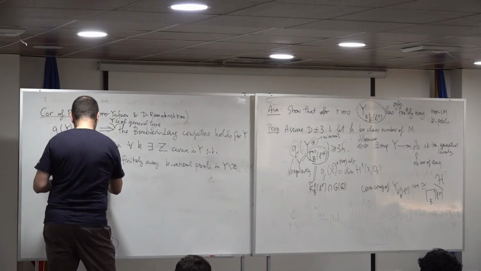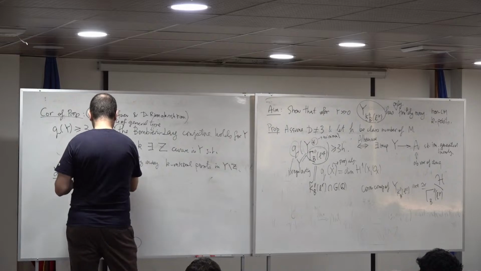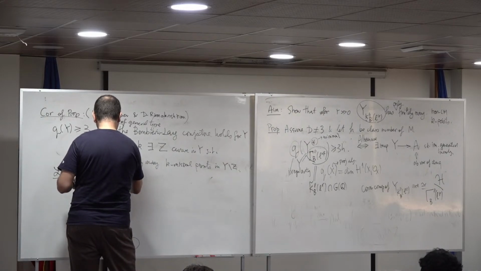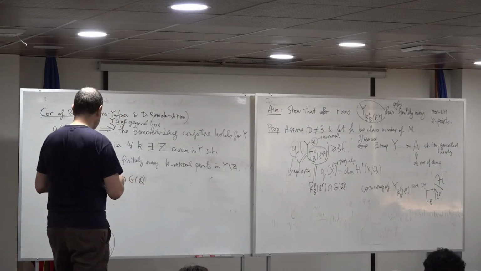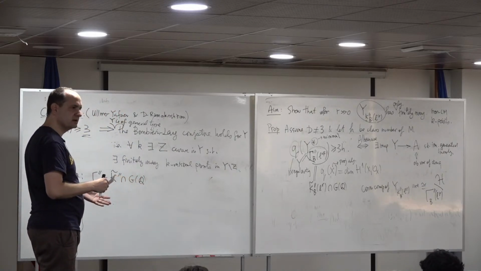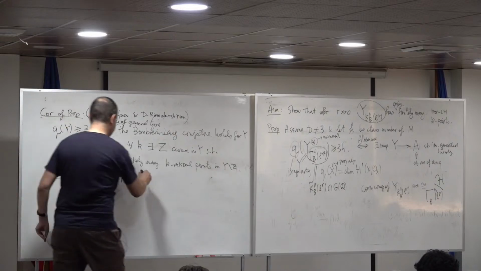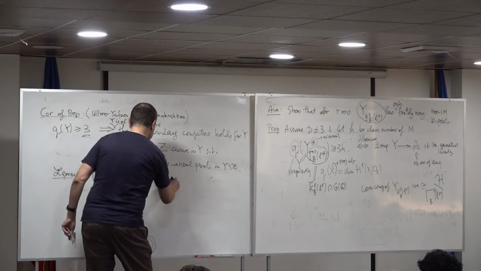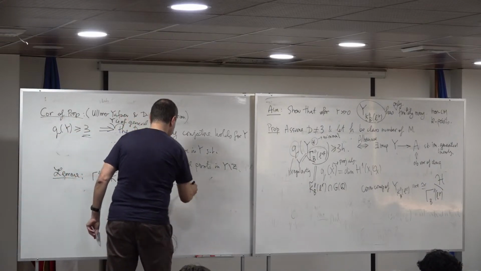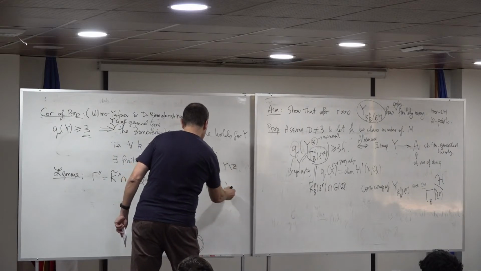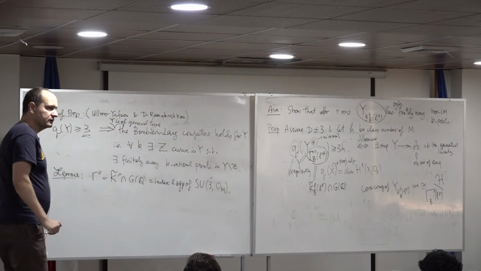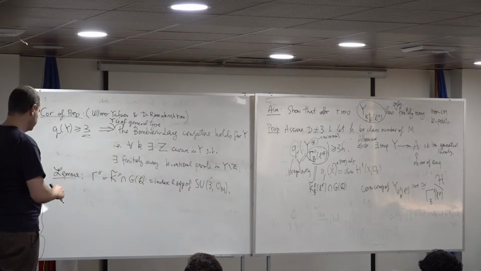So this gamma double prime just means you consider K tilde double prime intersected with G of Q. So you don't put this condition at L, just this index 2 subgroup of the Picard modular group, SU3 of O_M. So this is the classical Picard modular group, okay? So you have an index 2 subgroup.